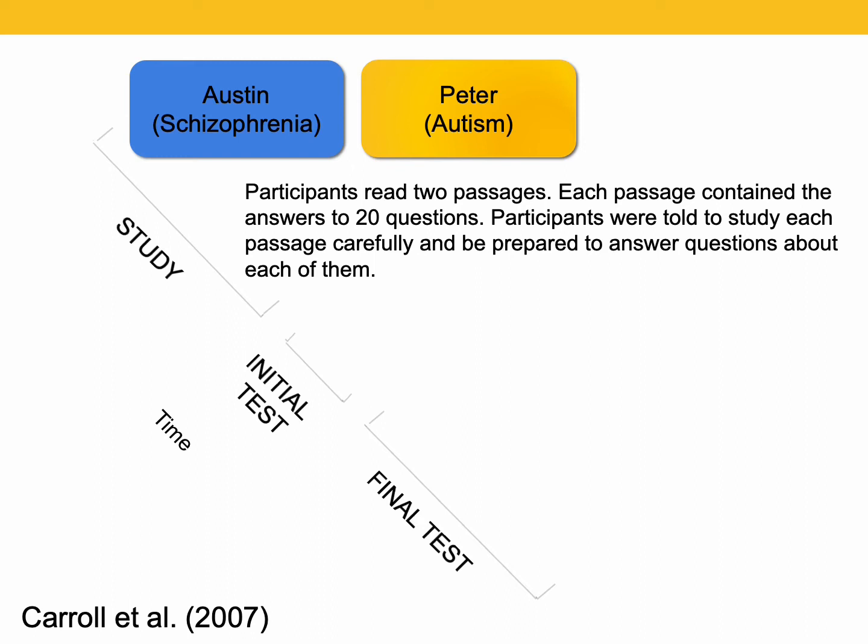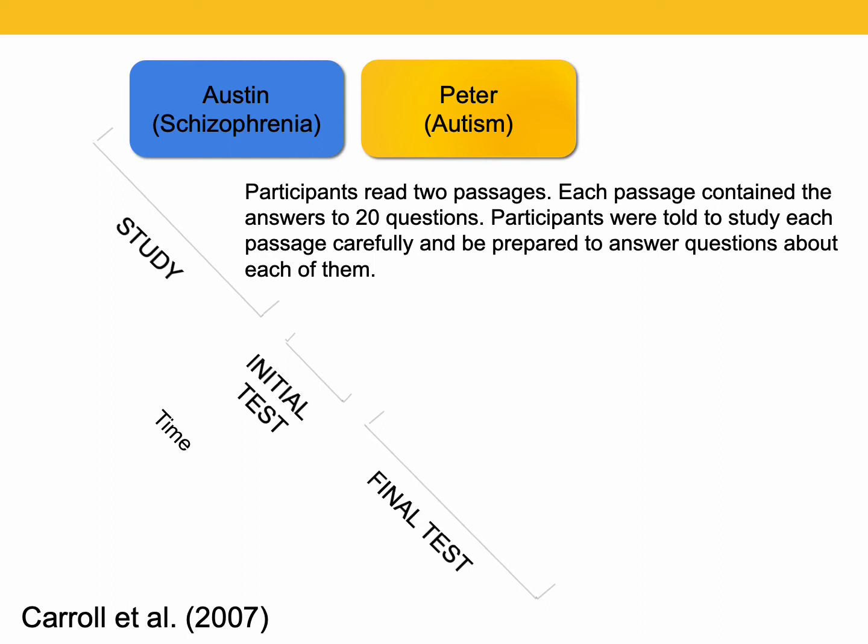So these passages were from an abnormal psychology textbook, okay? And they were case studies. So the passage in blue was a case study on schizophrenia and featured a young man named Austin, whereas the second case study in yellow featured a young man named Peter who had autism.